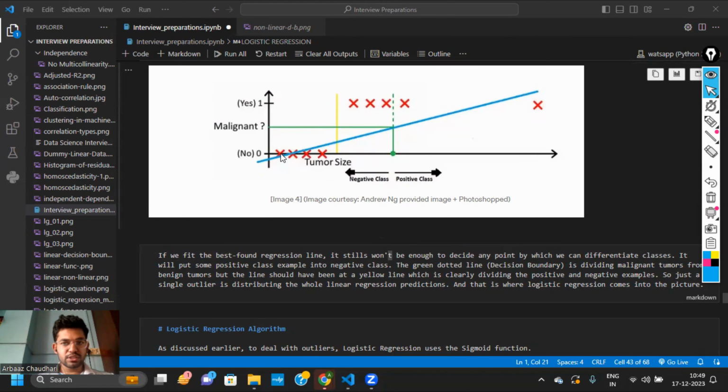This first one is shown as a positive class because this line is down. I will draw it and show you. According to the linear regression model, this is the negative class.